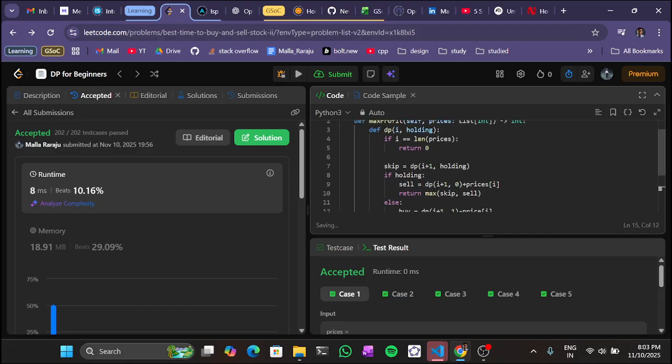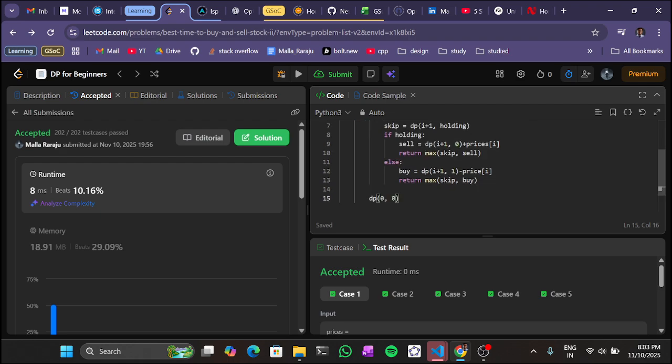And the initial choice is ours, so initially we choose not to do anything.